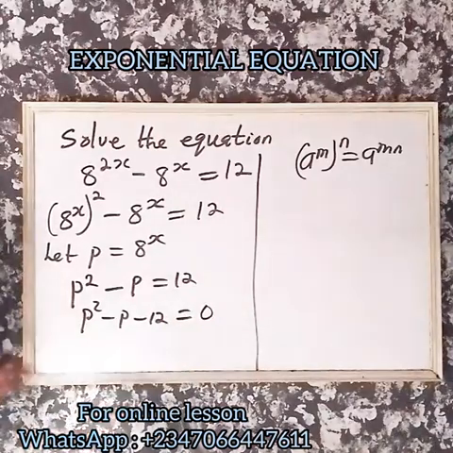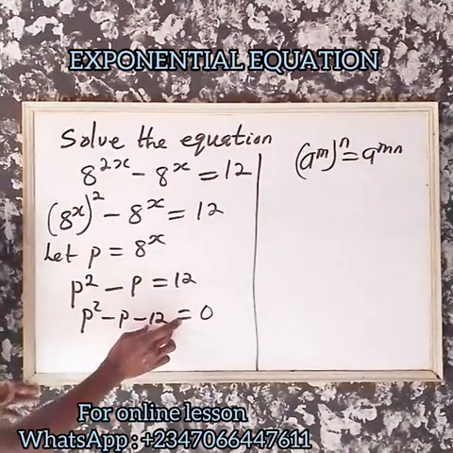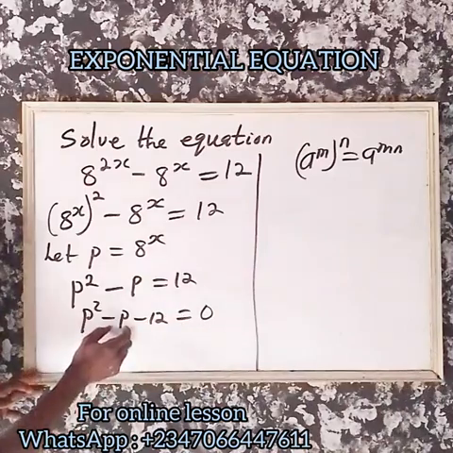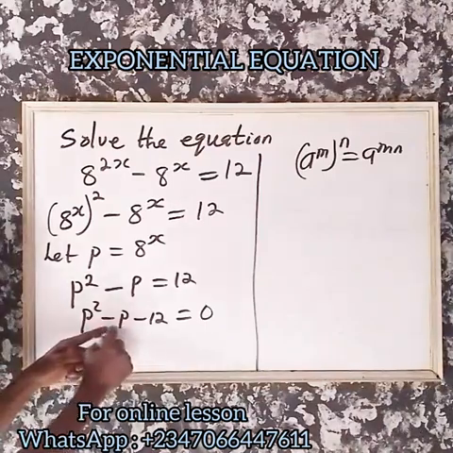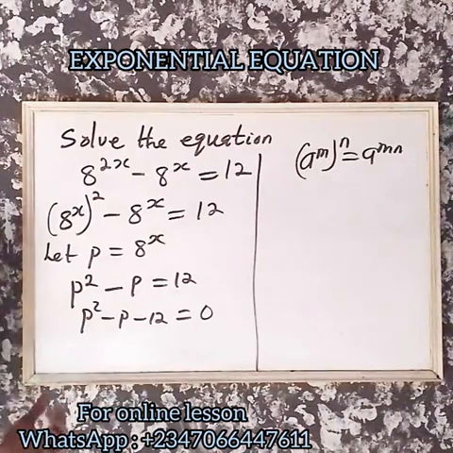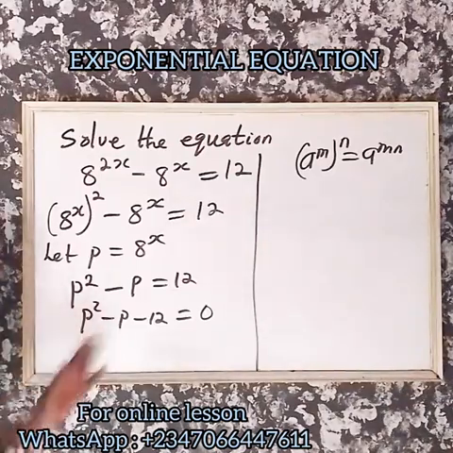Now let us go for two factors. When we multiply them, it will give us negative 12. Then when we add the two of them together, it will give us negative 1, which is the coefficient of p. And of course, when solving a quadratic equation, if the sum is negative and the product is negative, one of the factors will be negative and the other one positive, but the bigger factor will be negative.